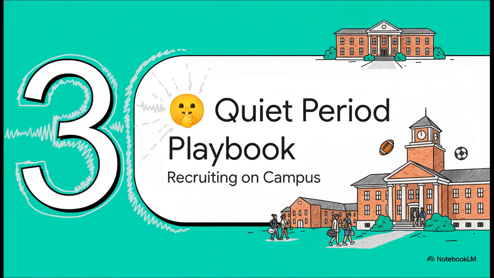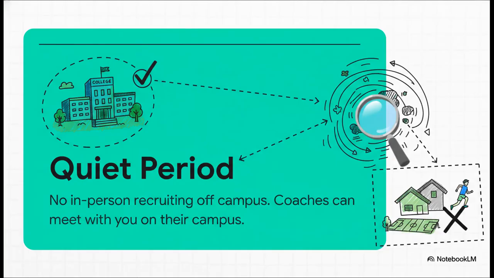Okay, moving on to the next phase, the quiet period. And just like the name suggests, things are still kind of restricted. But the big difference is that all the action shifts to one very specific location, the college campus. So here's the big change. Face-to-face contact is now back on the table. But, and this is a huge but, there's one major condition. It has to happen on the college's campus.